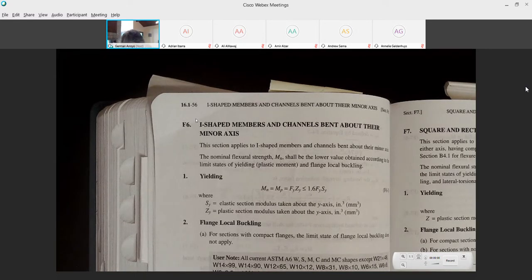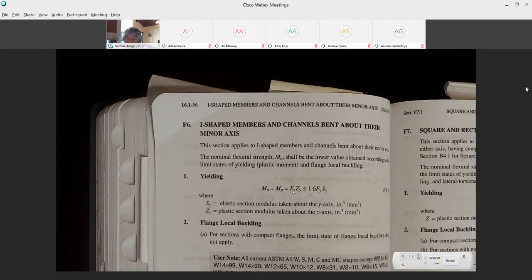Whenever we have bending about the weak axis, there are two, and only two, limit states that we always consider. Yielding means that your nominal strength is going to be equal to the plastic moment, Fy times Zy. The same as there is a Zx, there is a Zy, a property of the geometry.